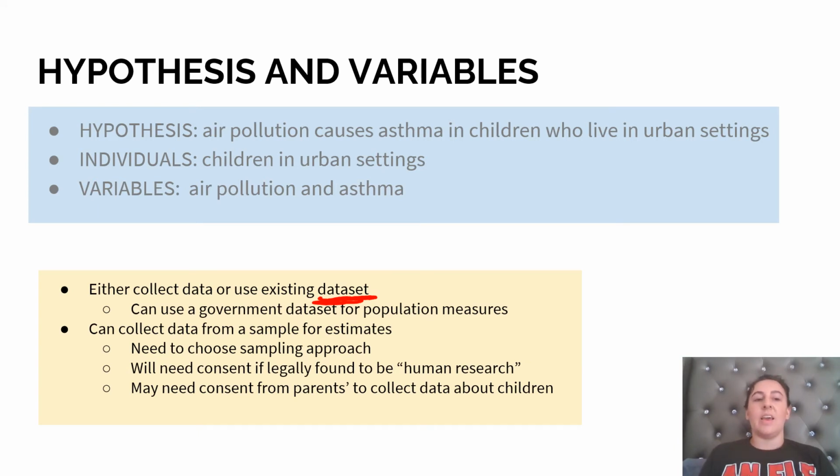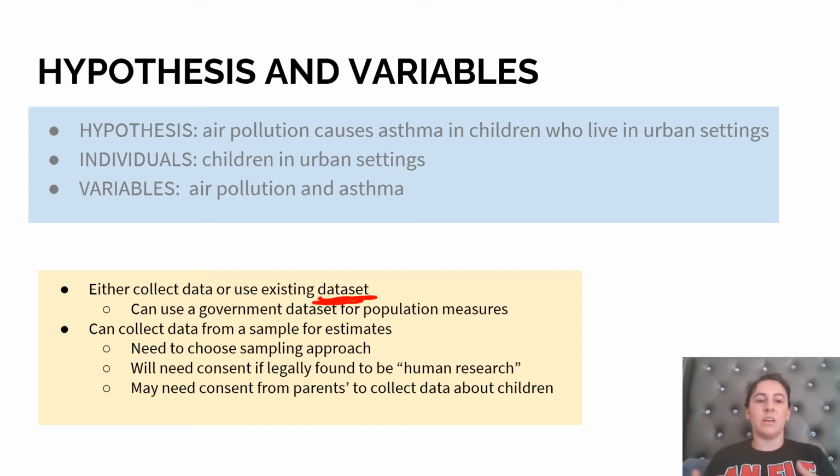But in many cases, that's not going to be the case. You won't be able to use government data, or it just doesn't suit what you're doing. So you may need to collect a sample. And so when you collect a sample, of course, you're going to need to choose your sampling approach.